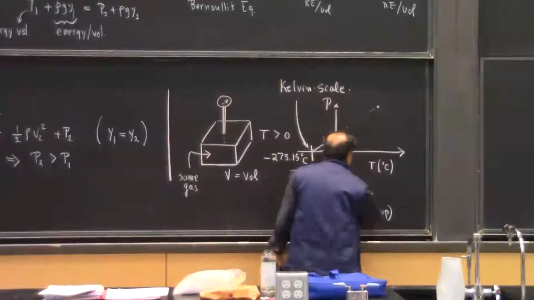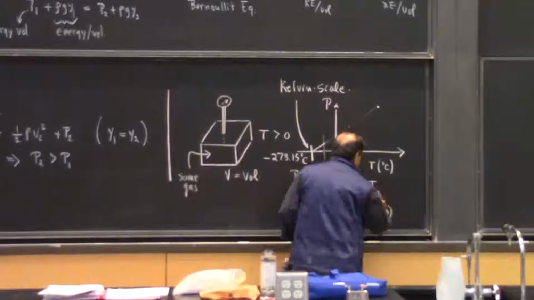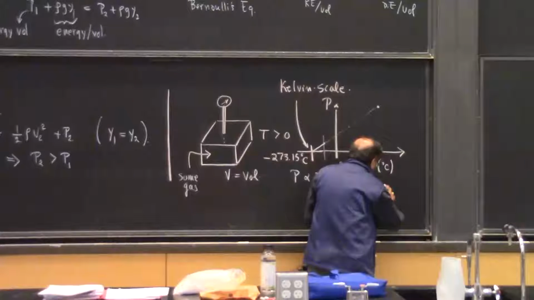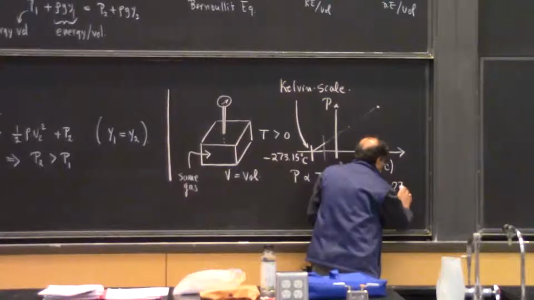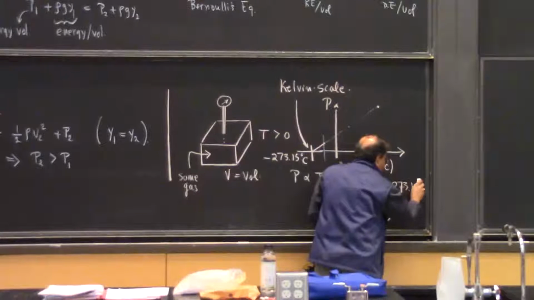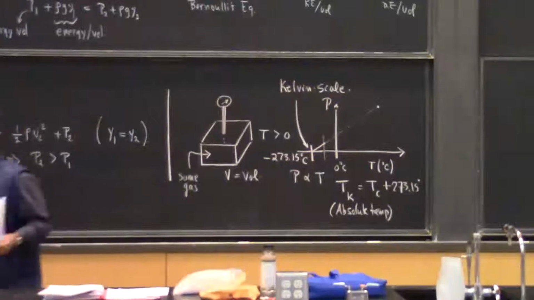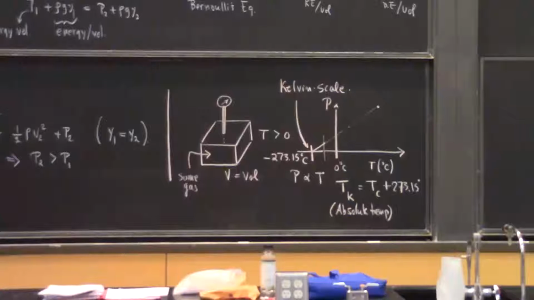And this is therefore the temperature in degrees Celsius, whatever the number is in degrees Celsius, plus 273.15, because now you have shifted the zero down to minus 273.15.